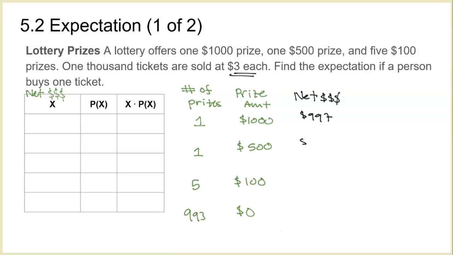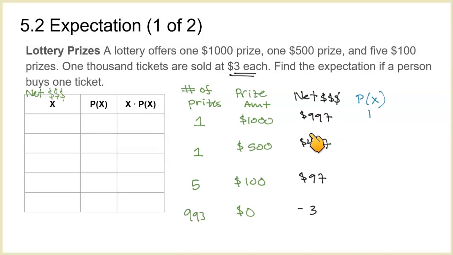Similarly, if we bought the ticket that won $500, then we really walk away with $497. If I get one of the 5 tickets that were $100, then I walked away with $97. And if I won nothing, if I bought one of the losing 993 tickets, that means I walked away with negative $3 because I no longer have that money.